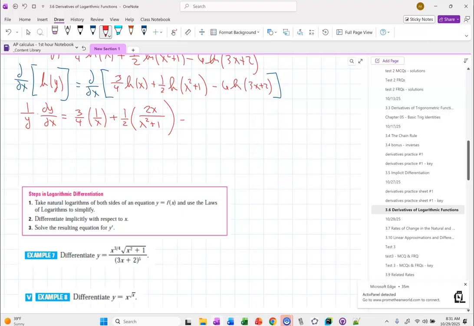Trading out the quotient rules and everything I had before for these kind of chain rules is a good trade. So the derivative of the natural log of 3x plus 2 is 3 over 3x plus 2. Everybody feel good there?